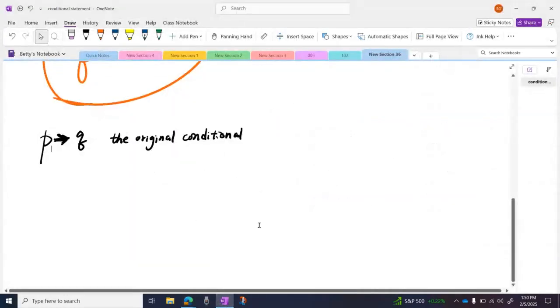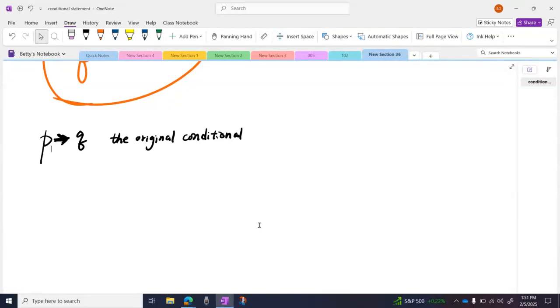So let's say P implies Q is the original conditional statement. I'm going to give you three new definitions. So obviously in this conditional, P is the antecedent, Q is the consequent, right?